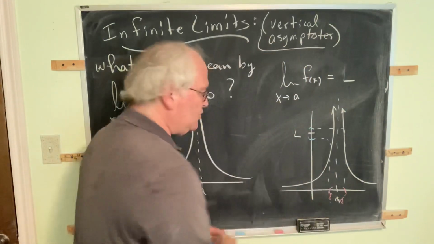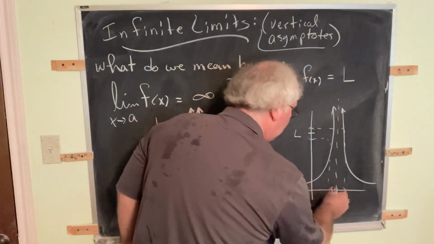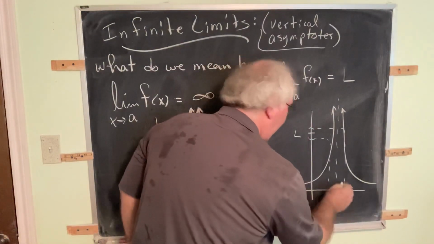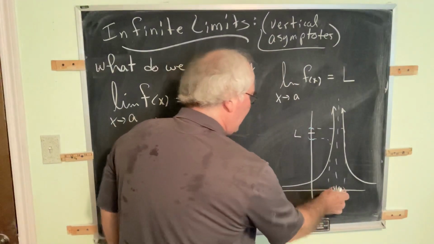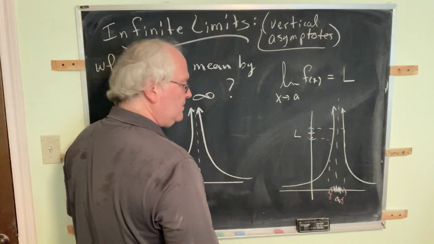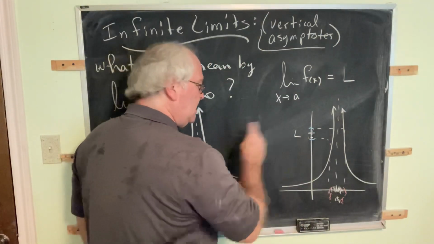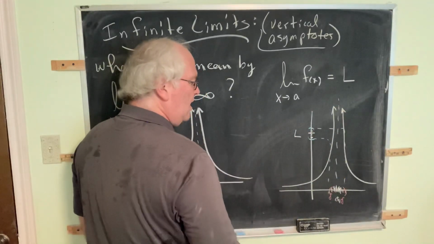And what must be true? The function value of every single one, not just some, every one of these x values must have a function value that falls inside this blue interval. But you can see, even at the scale of this terribly drawn picture, that's clearly false.